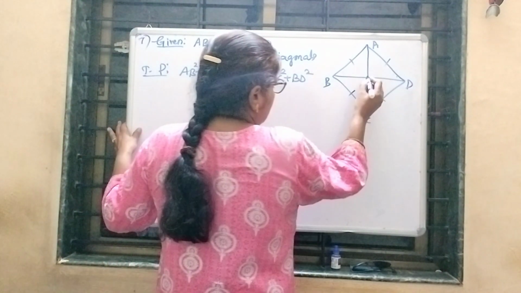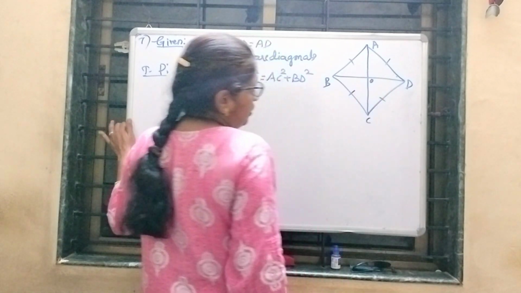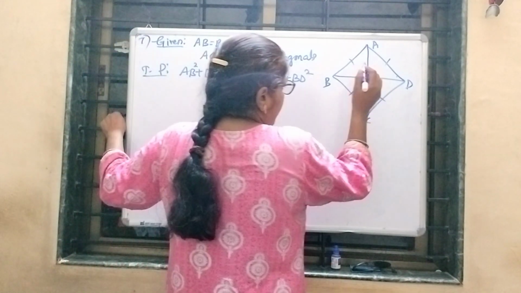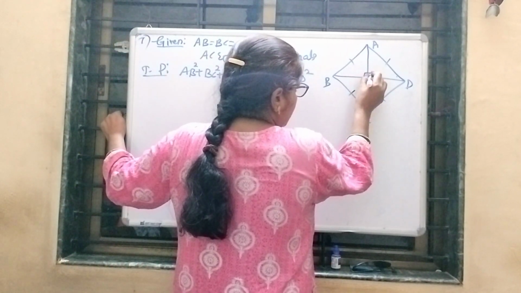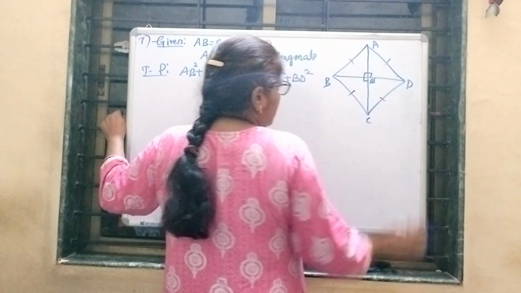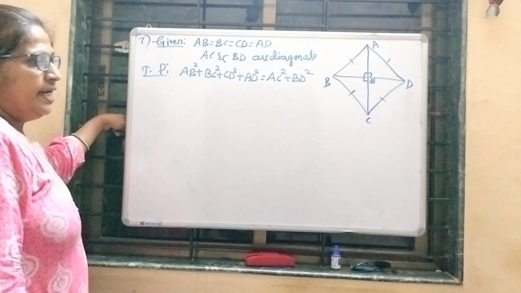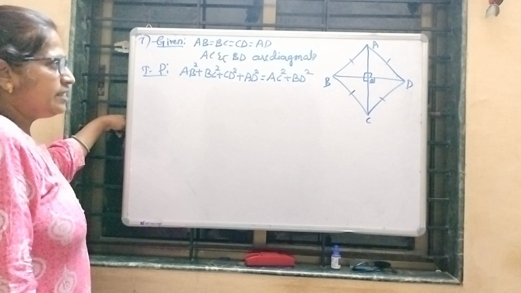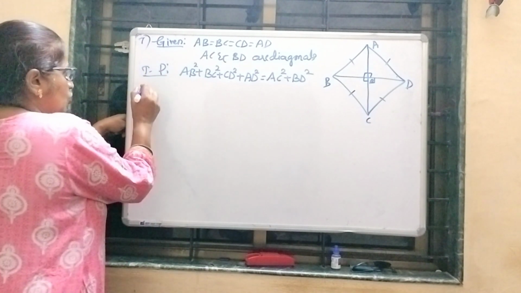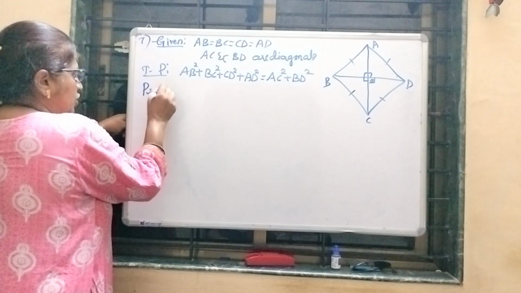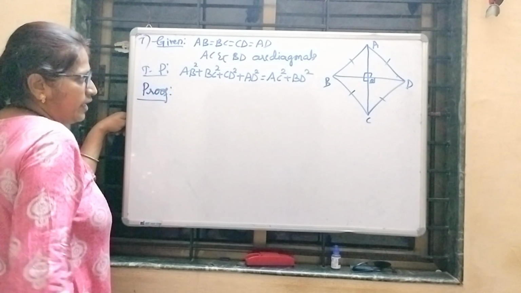So the diagonals here bisect each other perpendicularly. According to the property of rhombus, the diagonals bisect each other perpendicularly. That means the angle formed there will be 90 degrees at the intersection of the diagonals. So for the proof, we will take first one triangle. There are 4 right angle triangles.